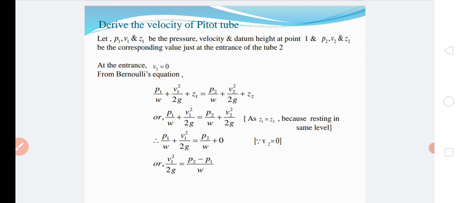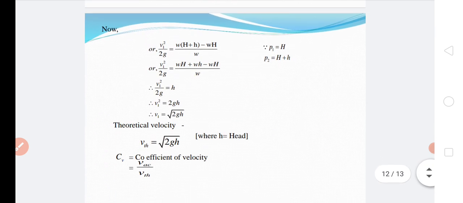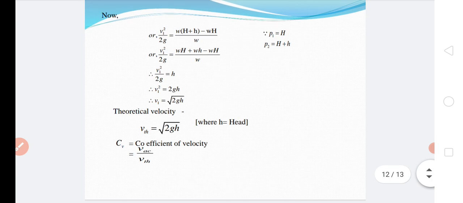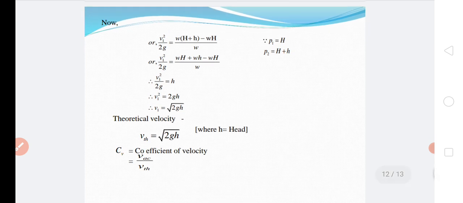So P1 by W plus V1 square by 2G equals P2 by W plus 0. Or V1 square by 2G equals P2 minus P1 by W, where P1 equals H and P2 equals capital H plus small h.